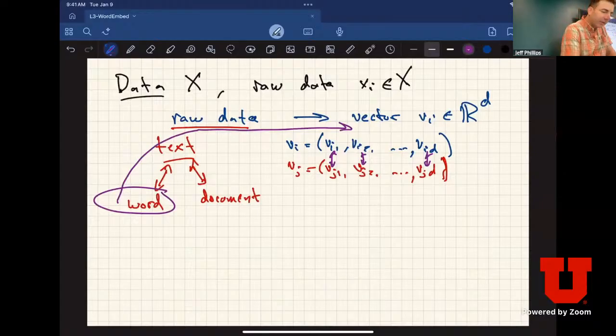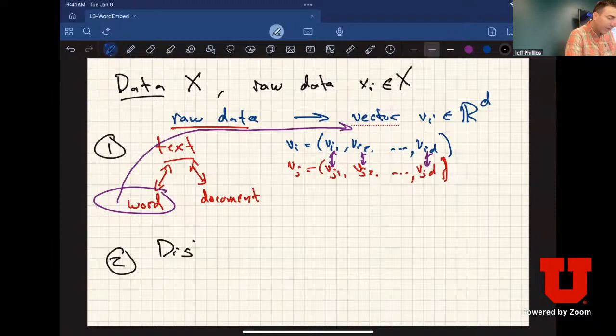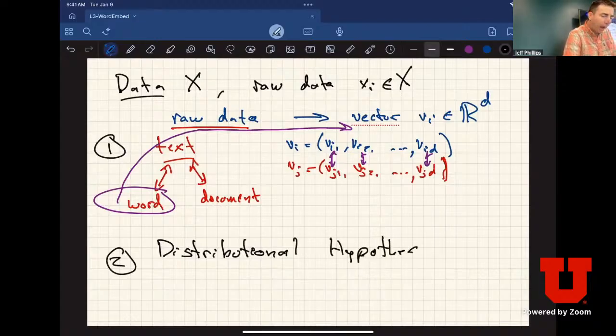The other main takeaway here, the first one being that we're going to map these words into vectors, and we'll talk about that. The second one is what's called the distributional hypothesis.